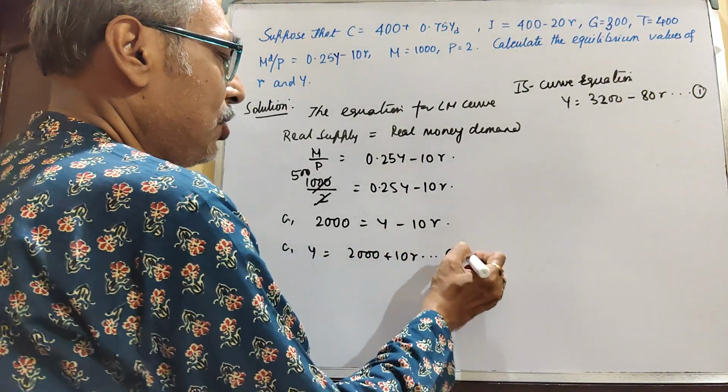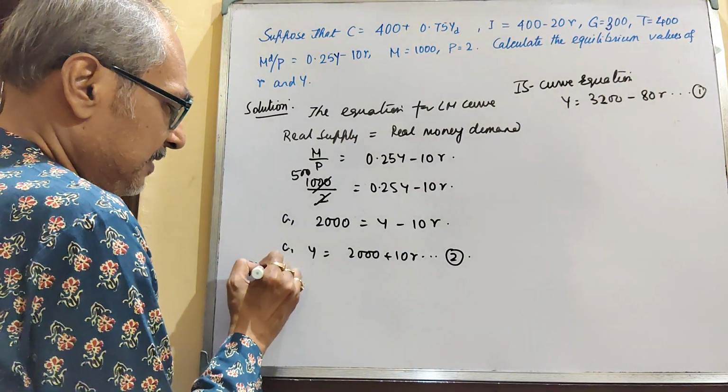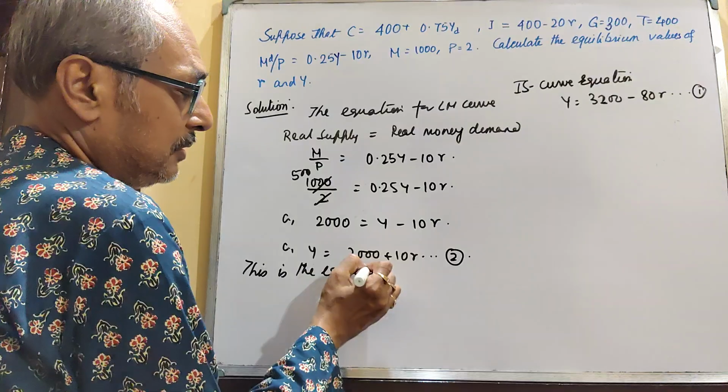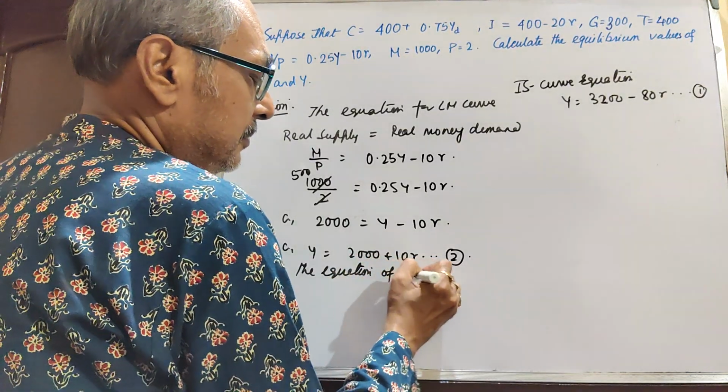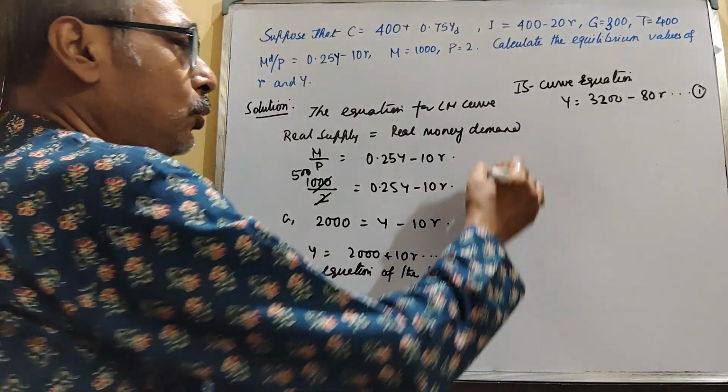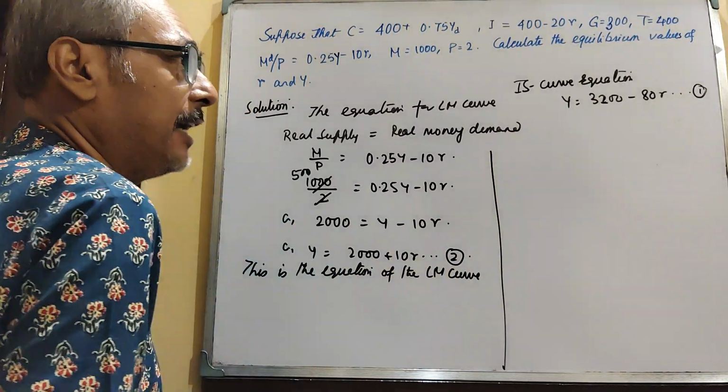This is the equation of the LM curve. Now we solve 1 and 2 to get the values of r and Y.